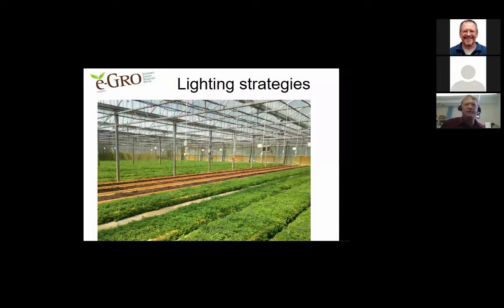So let's talk for a moment about some different lighting strategies to control precocious flowering, so avoid early flowering in some of the herbs, as well as in lettuce and spinach. So here we'll think about maybe a couple different standpoints.